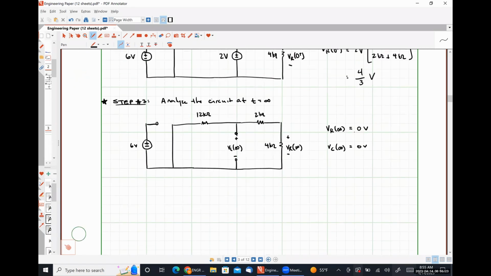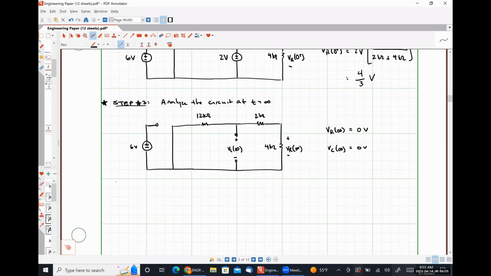Step number 4 will be to determine the time constant of the system. Okay.